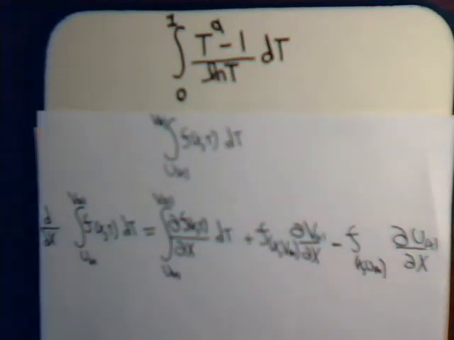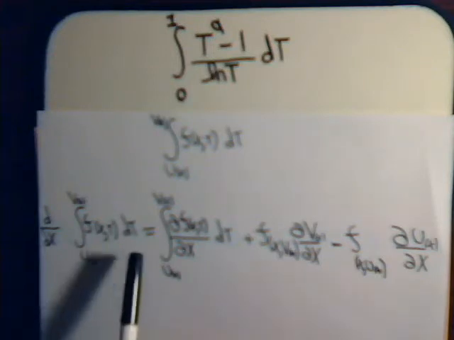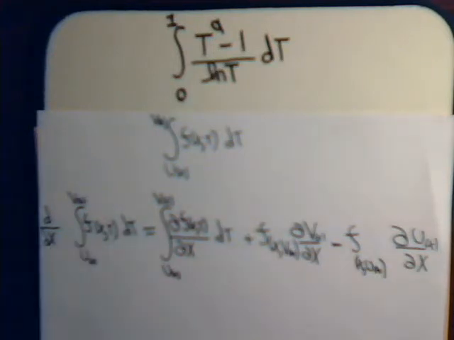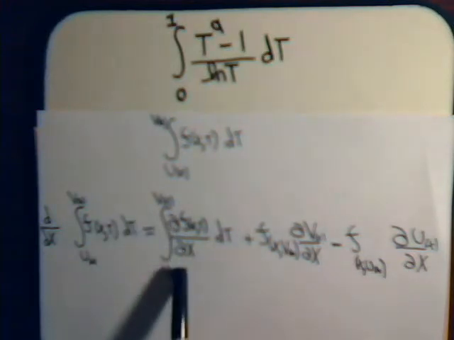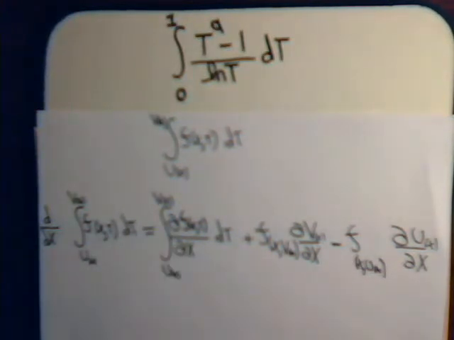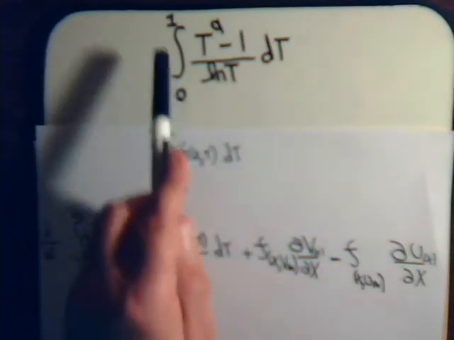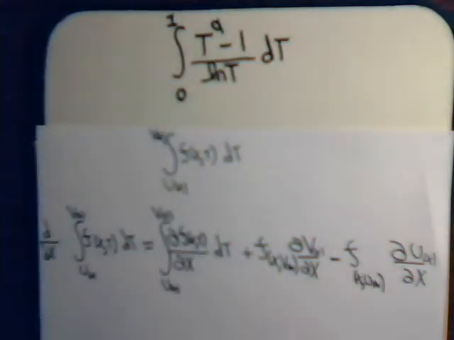That just tells us that if we're taking the derivative of our integral with respect to x, we simply do the differentiation inside of the integral. For our problem, we can ignore this term and this term because our integration limits are constants, not functions.